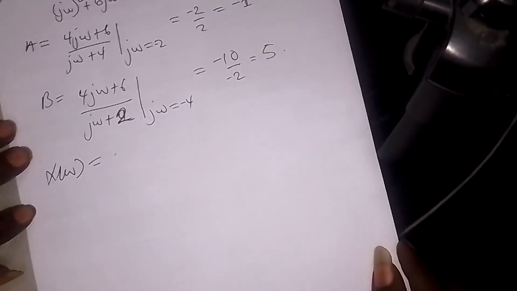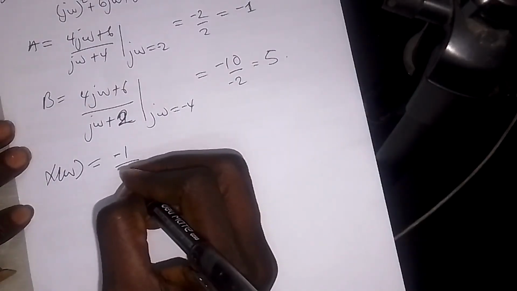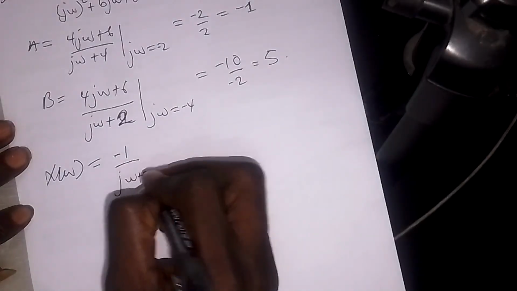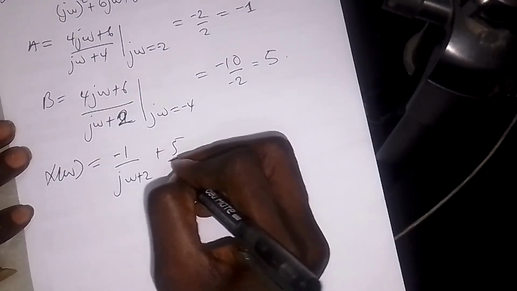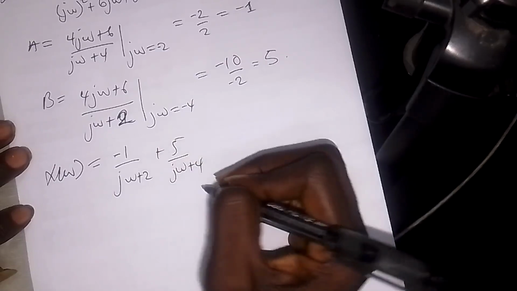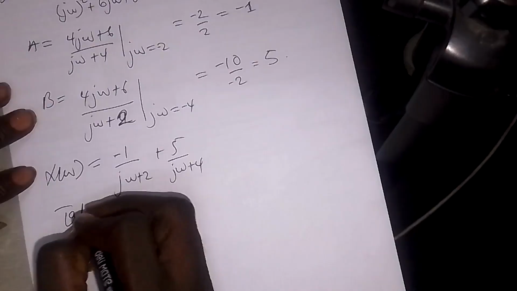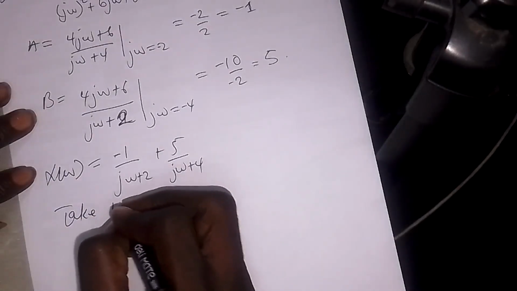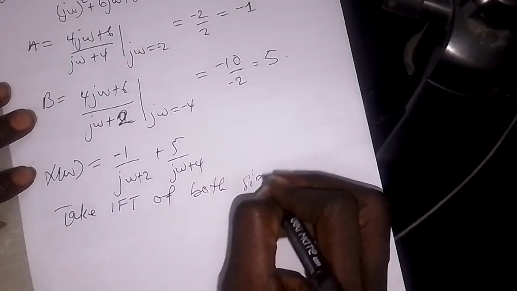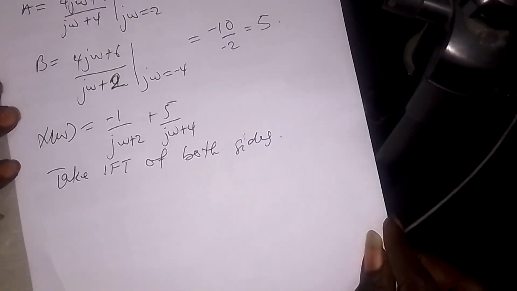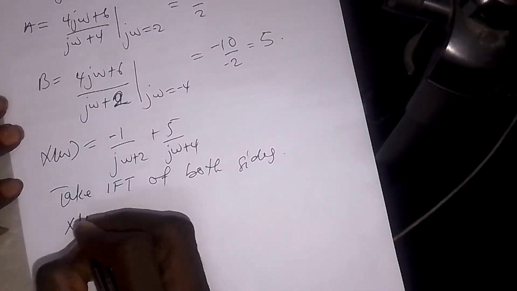So now Z of omega is equal to minus 1 over j omega plus 2, and then plus 5 over j omega plus 4. That's what I'm going to have. So now if I take the inverse Fourier transform of both sides, of this side I'll get x of t.